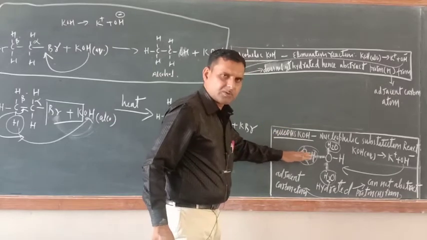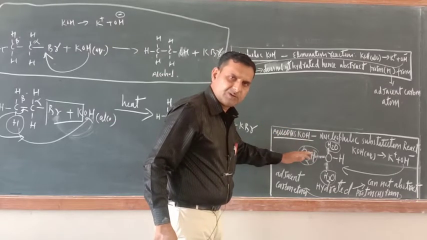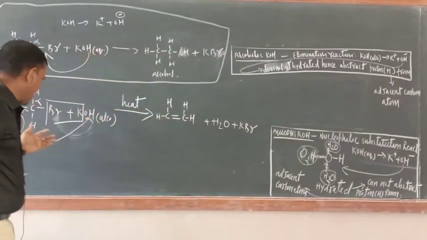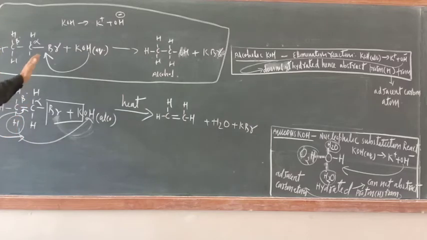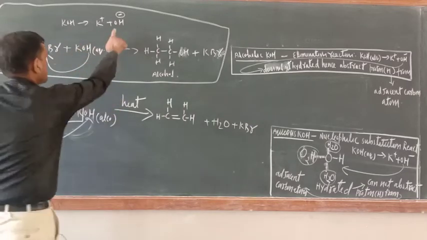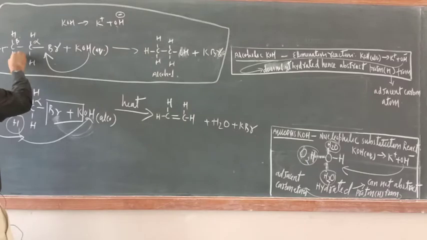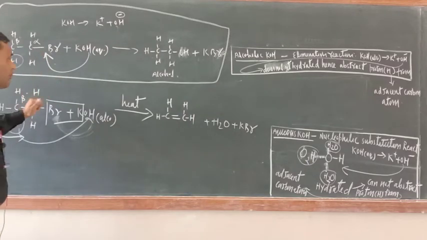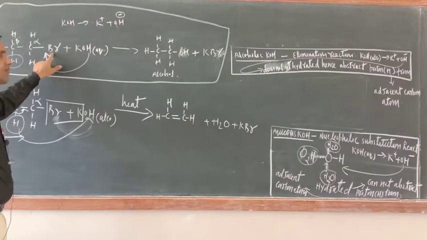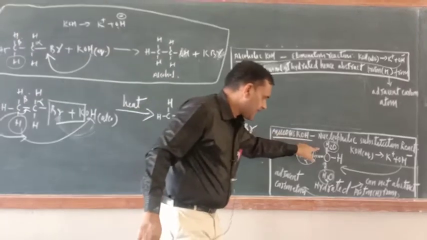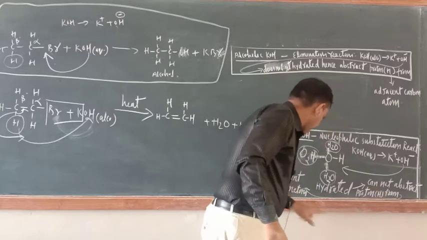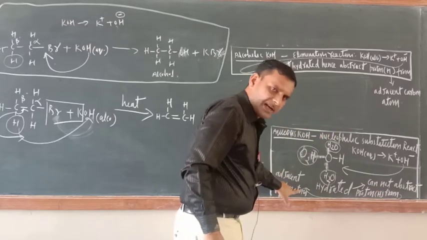This OH is surrounded by water molecules, so it can't abstract a proton, it can't abstract this hydrogen. So now what will it do? It will replace Br. Now it is helpless.